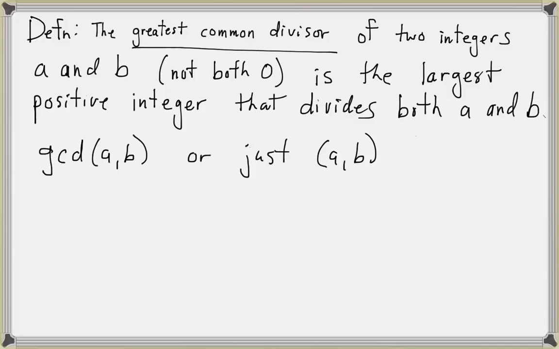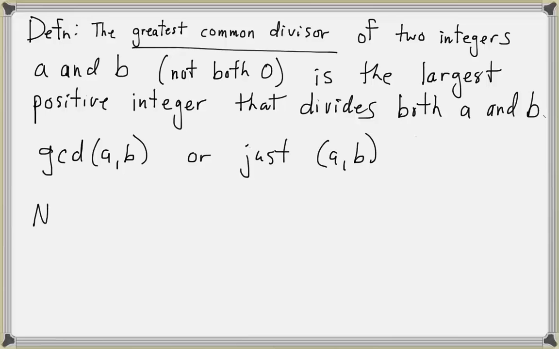You can just simply write (a, b). Even though this looks like an ordered pair, like a point in the real plane, from the context it will be clear that we're speaking about the greatest common divisor. We'll probably stick to using GCD(a, b) for our notation.